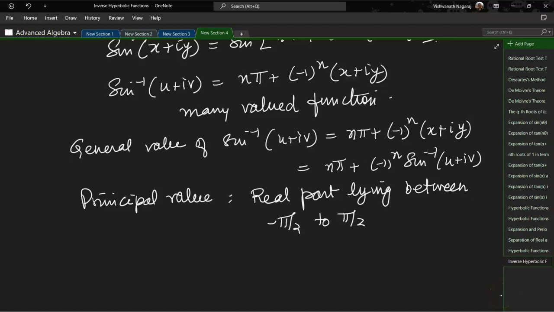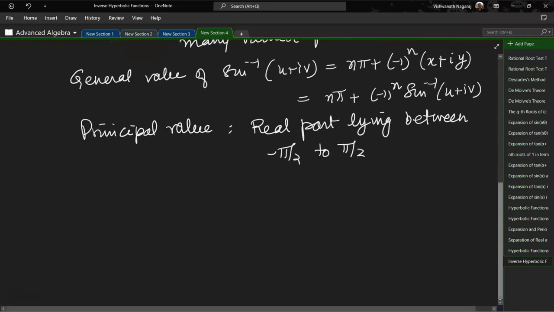Now, what we saw was as far as the sine is concerned of a complex number and its inverse. Now let's look at the cos of a complex number.